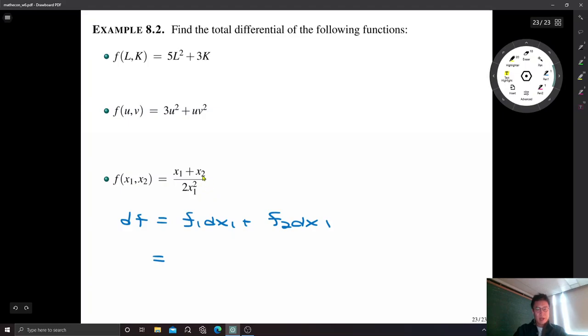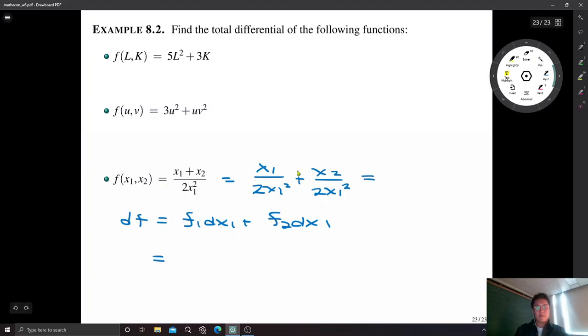So now regarding x2 as a constant, we take the derivative. And let me first rewrite this. So I can rewrite this by distributing 2x1 squared to each term: x1 divided by 2x1 squared, and x2 divided by 2x1 squared. Right?